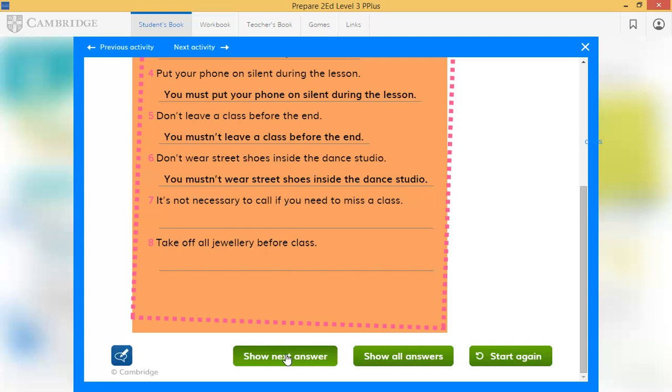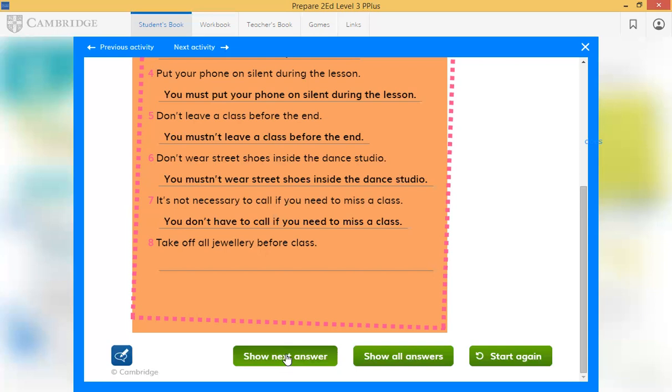Number 7: it is not necessary to call if you need to miss a class. Remember, not mustn't call, that's not correct.